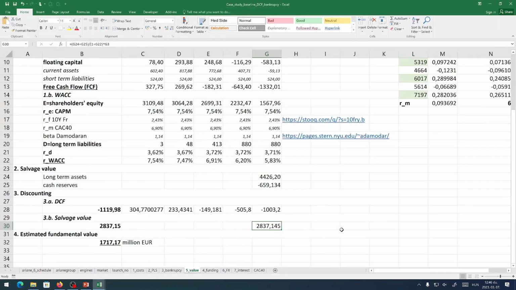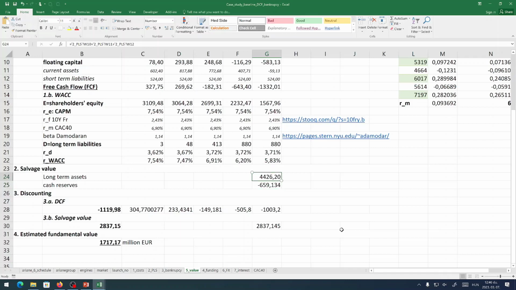Yeah, so it was highly negative at the beginning. Although at the beginning it was still positive, but after that the company started to go down rapidly, and also the cash reserves were negative.